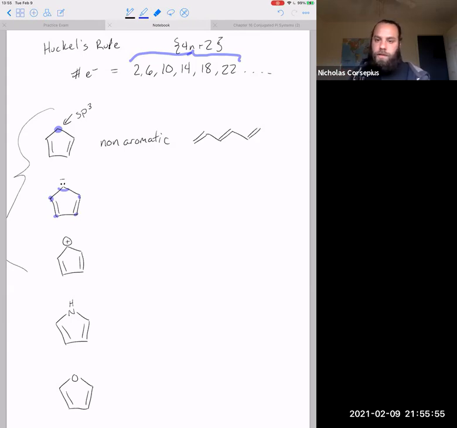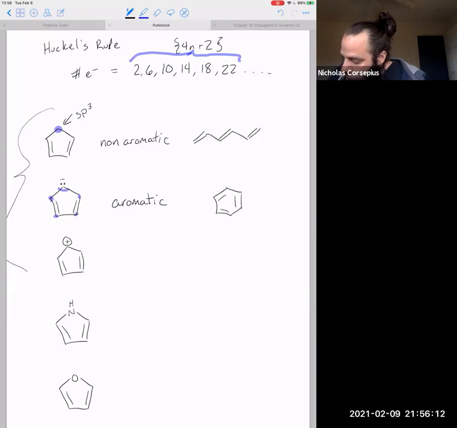If the number of electrons is one of those numbers in the series, it's aromatic. So this would be an example of a compound that's aromatic: it has 6 total, which is 3 pairs of pi electrons.